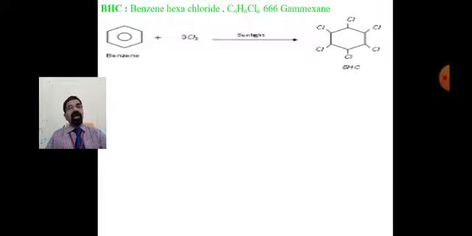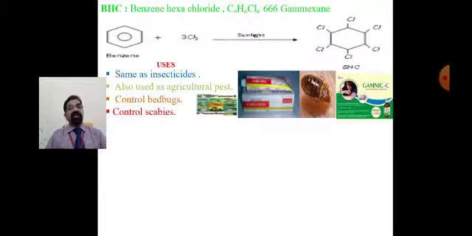Now, what are the uses of BHC? BHC has similar uses to DDT. It means it can be used as an insecticide to control all types of insects. It is also used against agricultural pests.